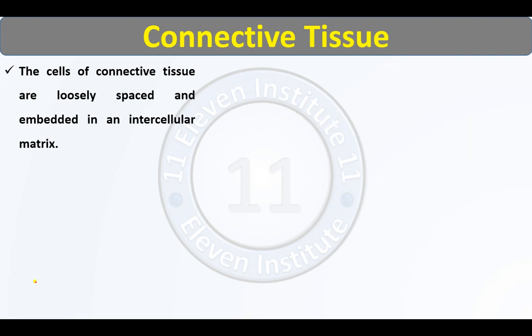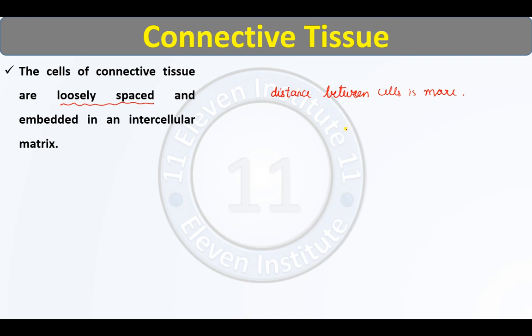Now let us read what is given in textbook. The cells of connective tissue are loosely spaced. Loosely spaced means I can say that intercellular distance is more. We can write: distance between the cells is more.